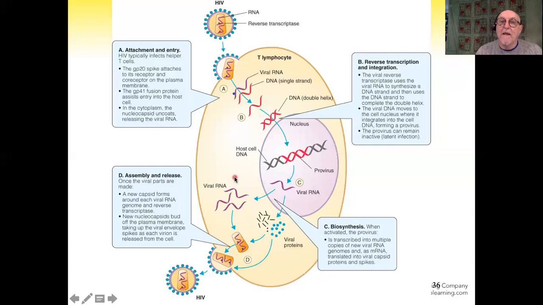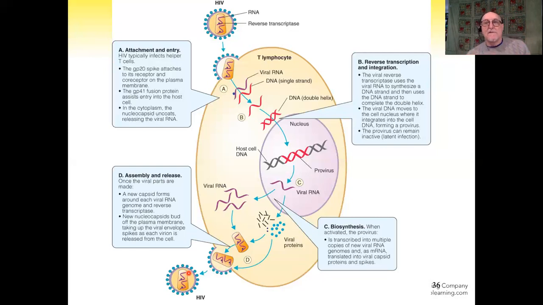It also exports messenger RNA, which is going to be translated by the host cell and is going to produce all of the viral proteins. And those viral proteins are going to be assembled first into a capsid. Then the viral genome is going to be incorporated into the capsid. And then the whole lot, the capsid, buds out. All of these viral proteins become embedded in the host membrane, and the whole thing buds out to produce the new viral particles.